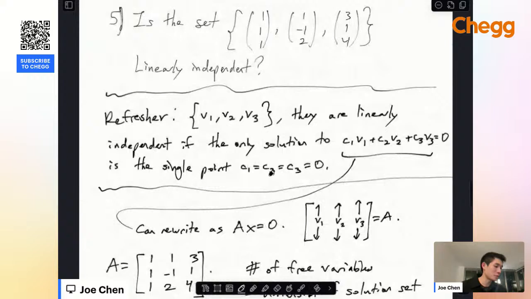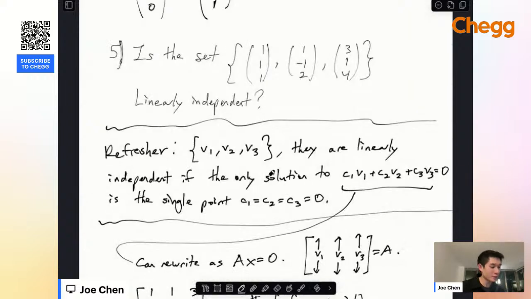So the geometric interpretation for linear independence is that the vectors should all be pointing in separate directions. But that doesn't have much meaning, because if I pick 3 different vectors, they're always going to be in separate directions.